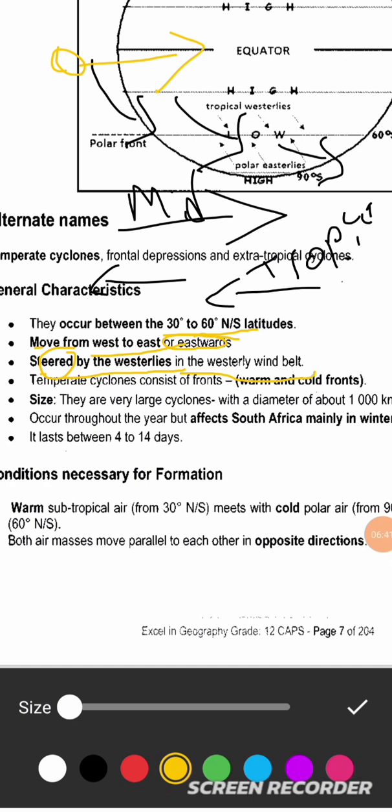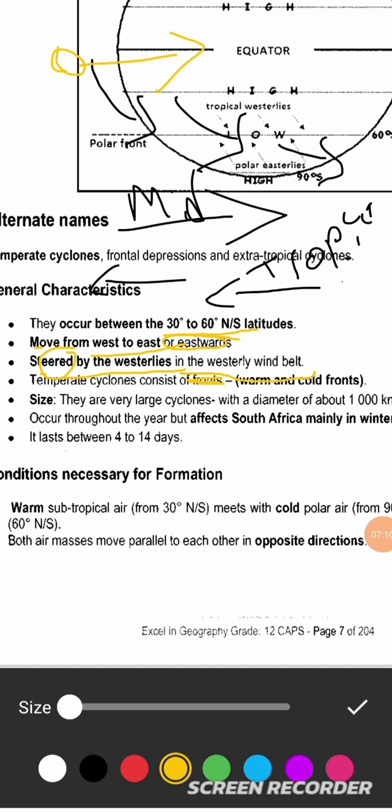The other reason you can give: the temperate cyclone consists of fronts. Yeah, the other evidence of mid-latitude cyclone, or general characteristics, is that it can be seen by fronts.